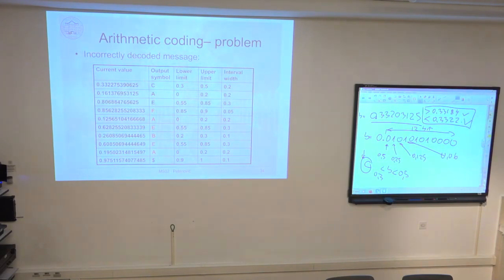So the message is completely wrong. It is of completely wrong length, of course. The original message was only C, A, E, E dollar, only 5 symbols. Now I have almost twice as many symbols decoded. So obviously, only one bit error in transmission can cause catastrophic decoding failure.